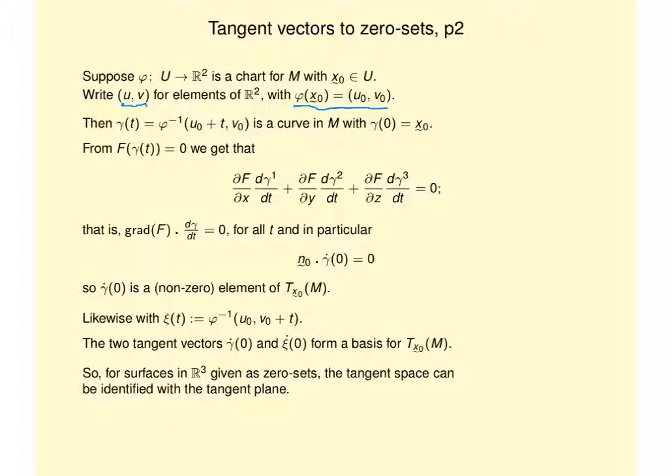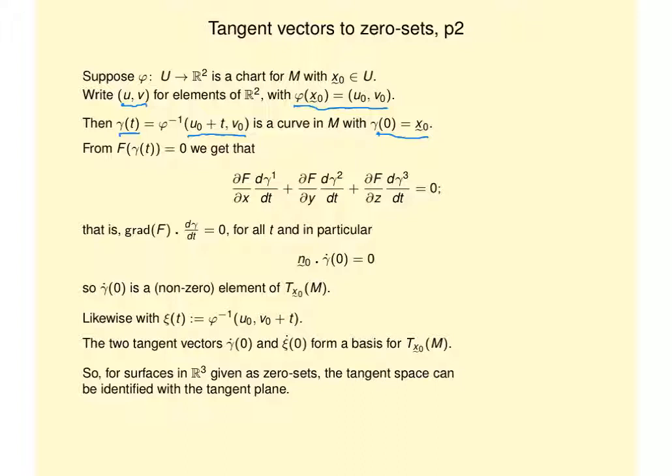Then define a curve in M. Gamma t is equal to phi inverse of u0 plus t, comma v0. So holding v0 constant and letting u0 vary, we get a curve in M. And at time t equals 0, that passes through the point x0.